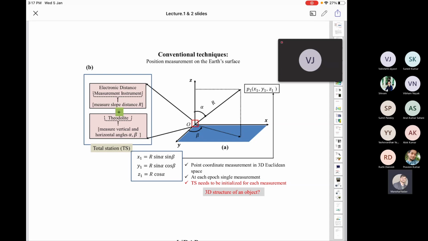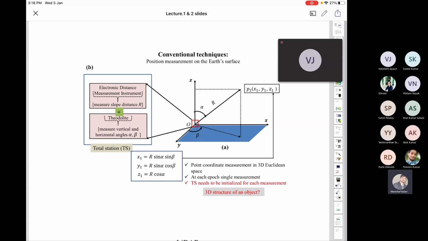Okay, if you want to generate a 3D structure of a building and further do the modeling, obviously first you need to define a coordinate system. In that coordinate system, you should have point coordinates from the 4 sides and the rooftop. Okay, let's say you consider one side of the building, though it is planar, there are windows and some other substructure.